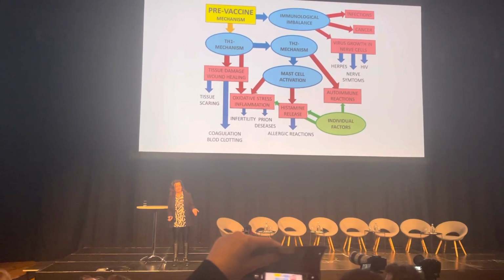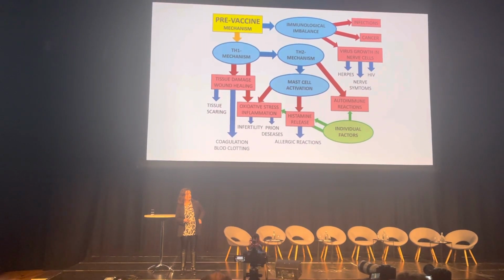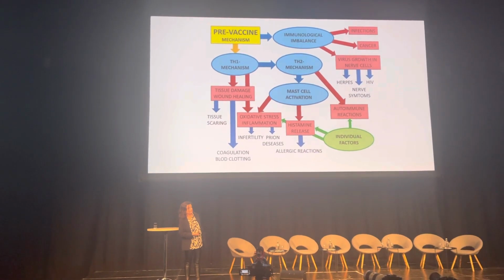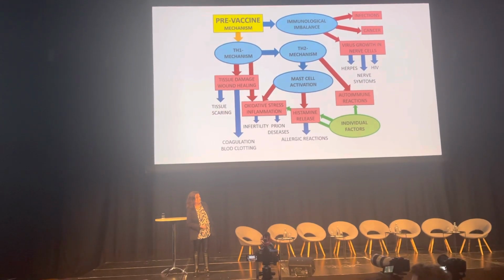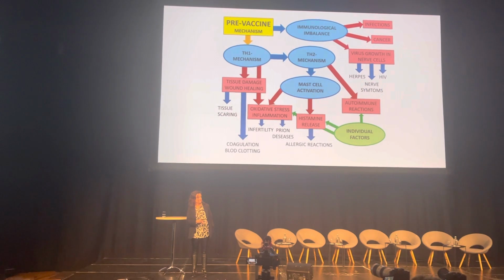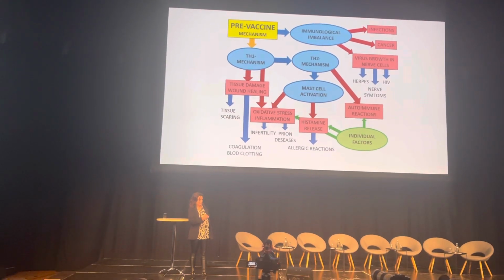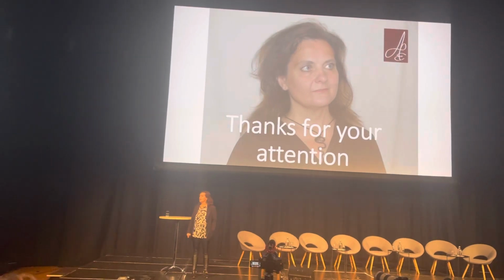A virus can stay in nerve cells for a long time, like herpes virus, like HIV, and so on. And from this you can, of course, have nerve system problems if you have a lot of inflammation associated with your nerves. Okay, so thank you.